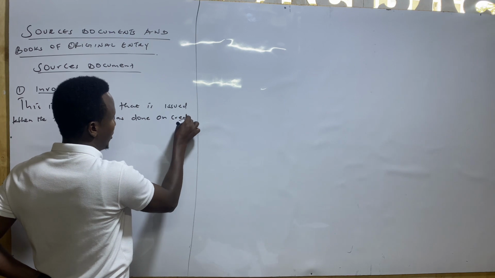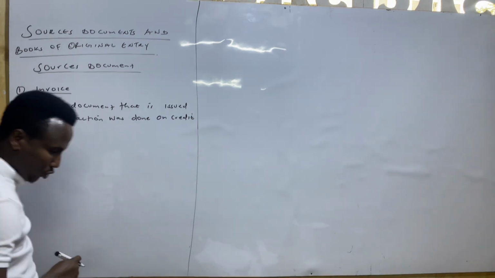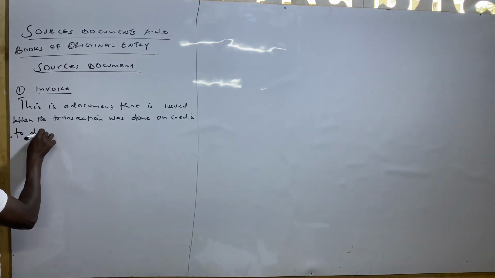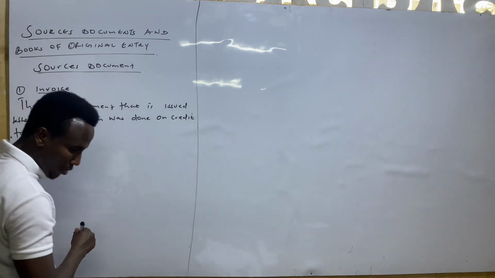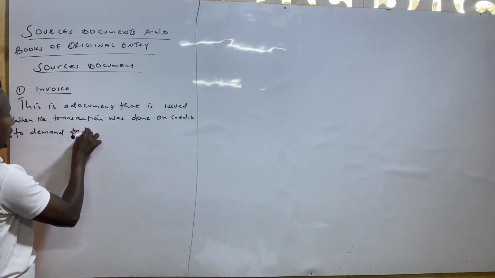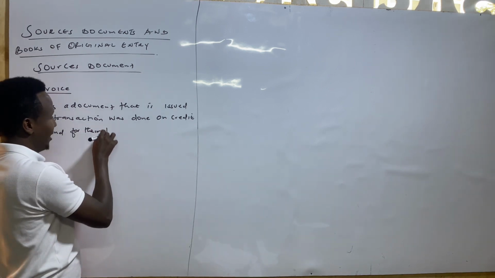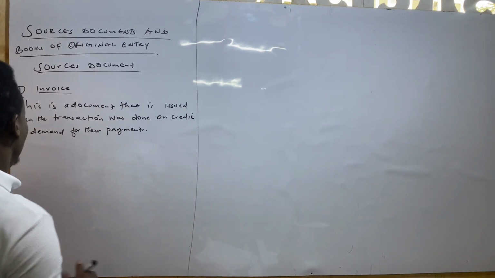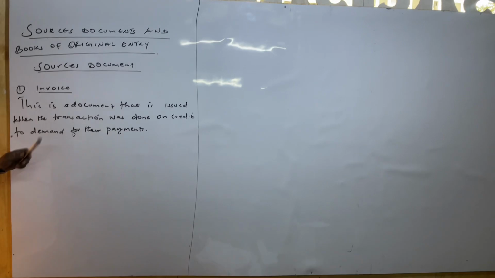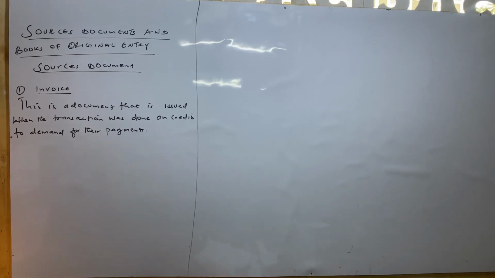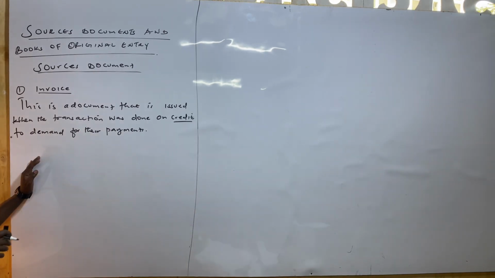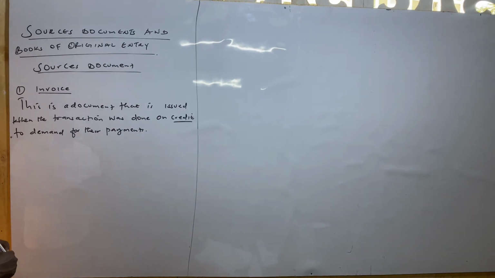That's what they say here. To demand for their payments. That's what we normally call invoice. An invoice is a document that is issued when the transaction was done on credit. Understand that we can only talk about invoice when we have credit transactions. So cash is not involved here.